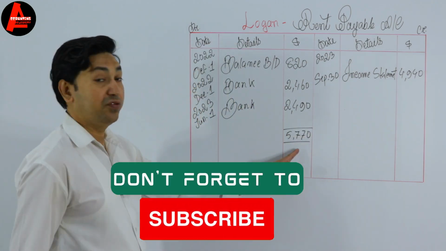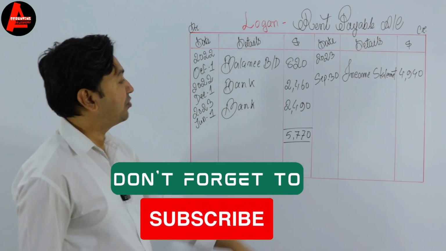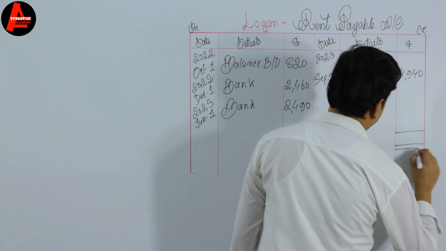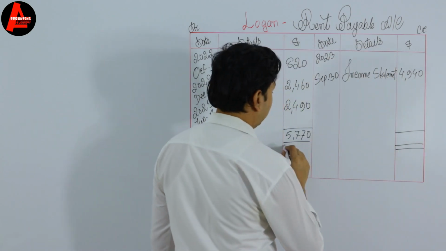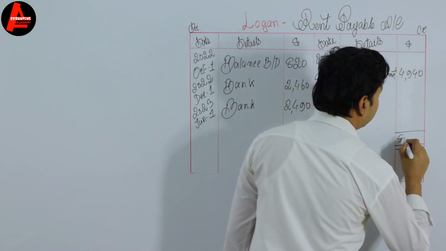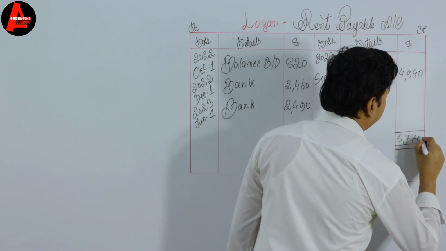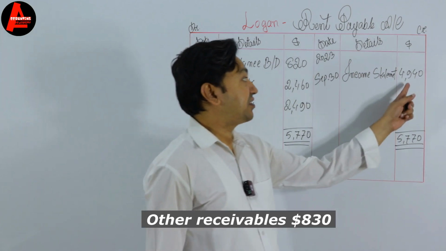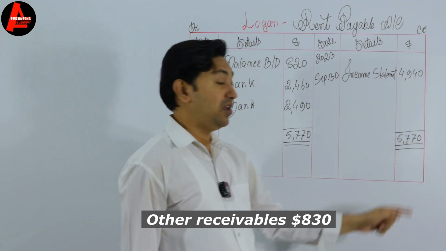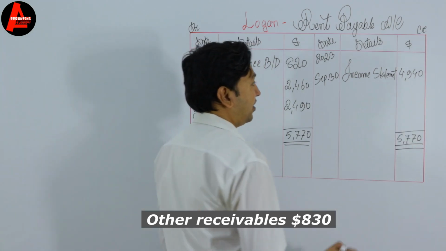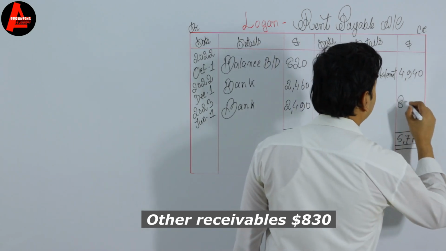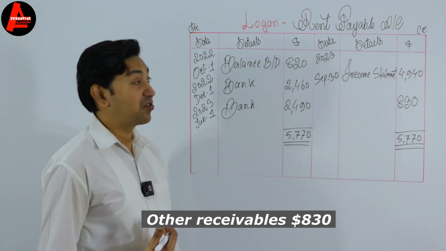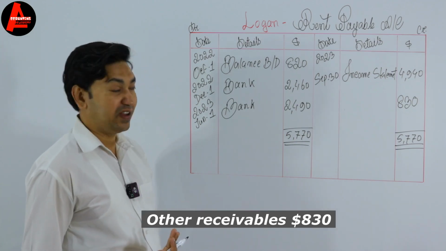We take the same amount to the opposite side, the credit side, and write $5,770. Now if we subtract the credit amounts from this total, we get $830. This is the closing amount for rent.